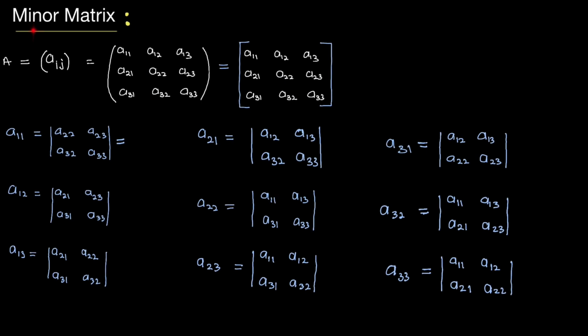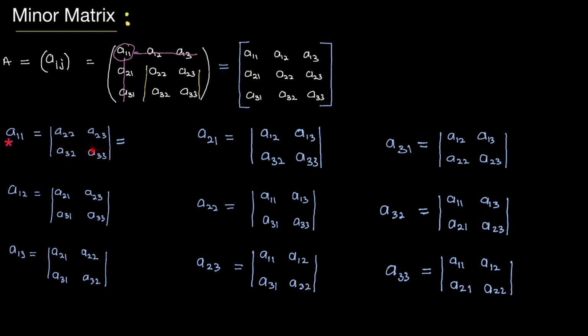Each element in a matrix has its own minor matrix. The minor matrix of A11 is when we take A and we draw a line horizontally and vertically, and what's left is the minor matrix. So the minor matrix for A11 is A22, A23, A32, and A33.